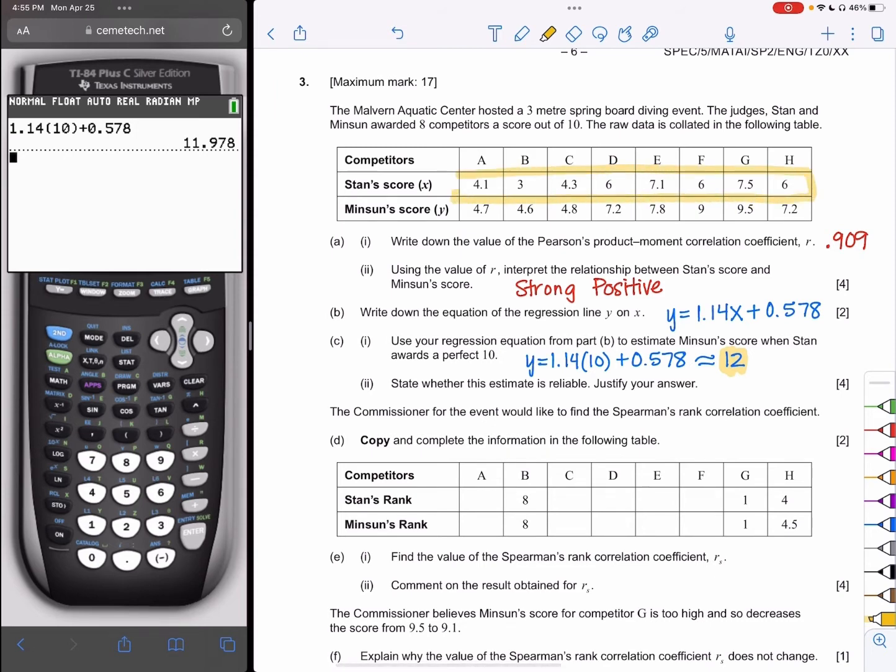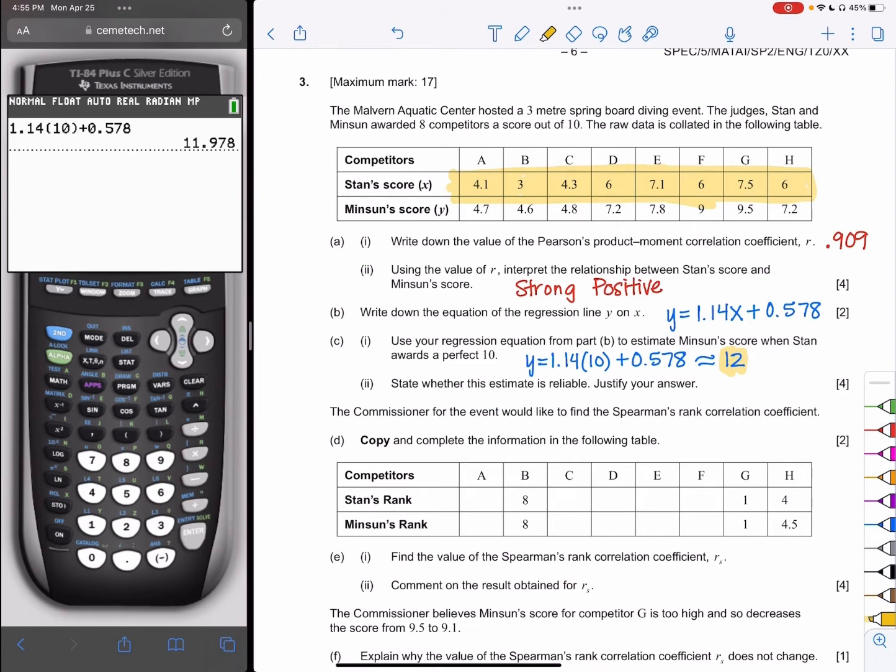The issue that we are going to see with this prediction of Stan scoring a perfect 10 is that that score is on the outside of what the competitors scored. So anytime we have an X value that is outside of the range, that is what we call extrapolation.